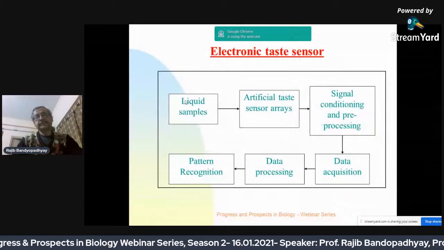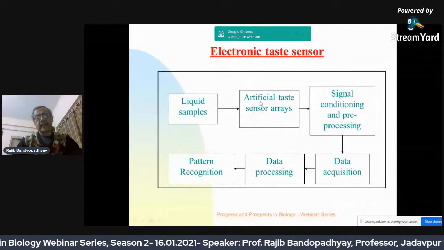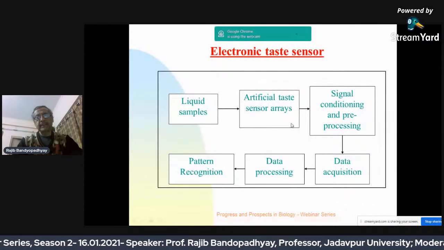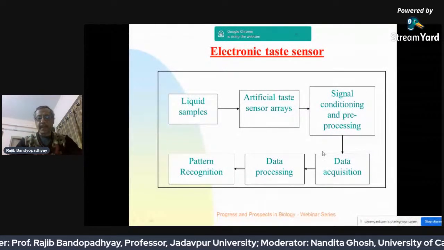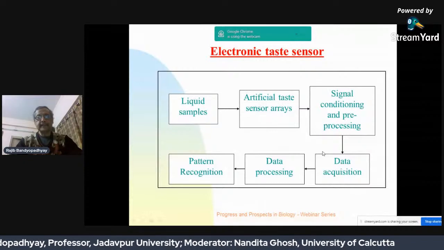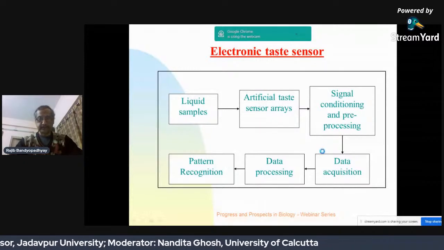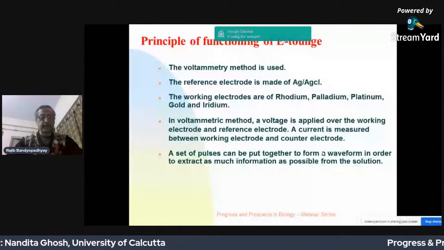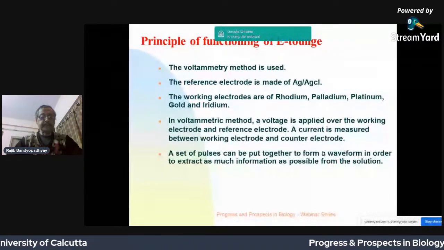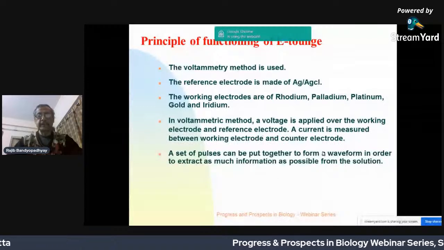This is the sensor array or the electrode array, and we have the liquid samples, then signal conditioning. It's almost similar to the electronic nose, and here, instead of the gas sensors, we use electrodes. Now, there are different methods for employing this electronic tongue, and we use the principle of electrochemistry.